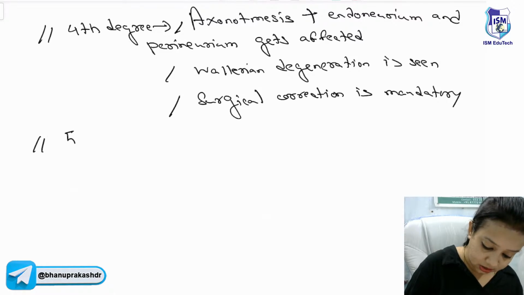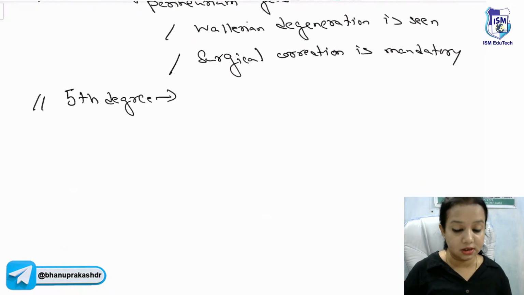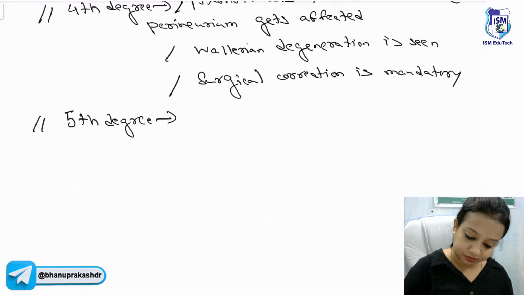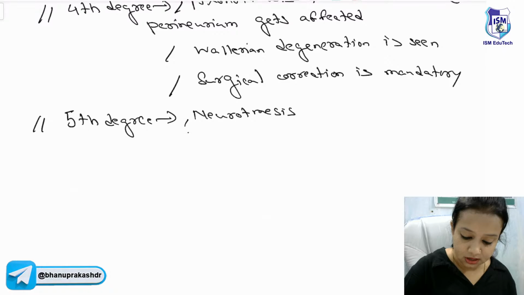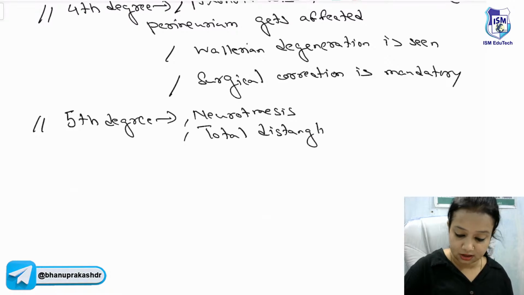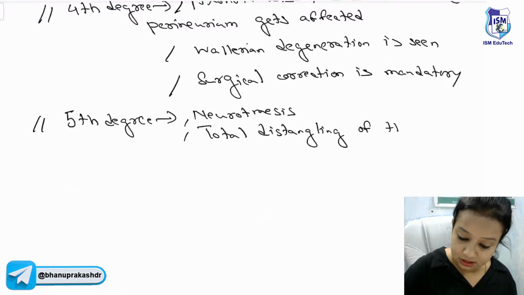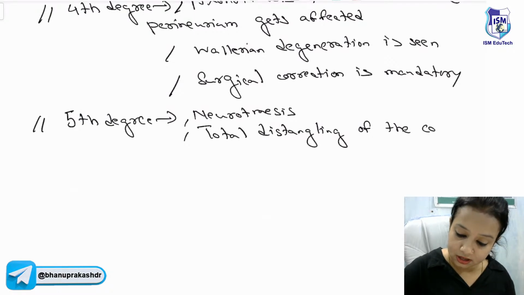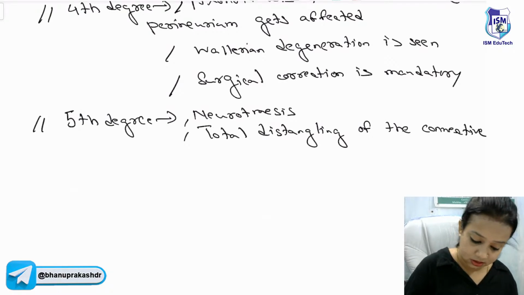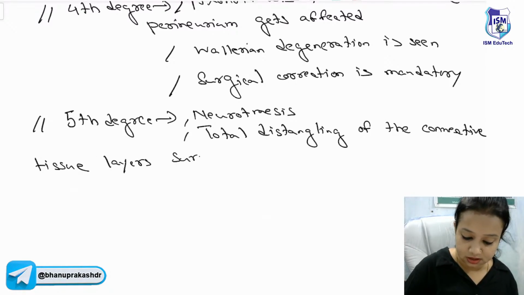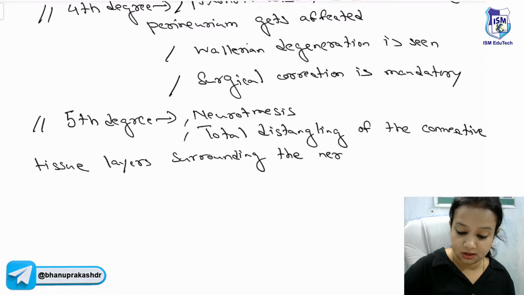So the last one is the fifth degree, the most severe type of nerve injury. Here, it is out and out neurotmesis, like total disentangling of all connective tissue layers surrounding the nerve.